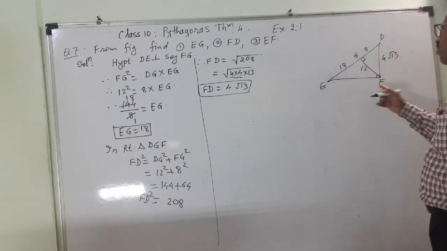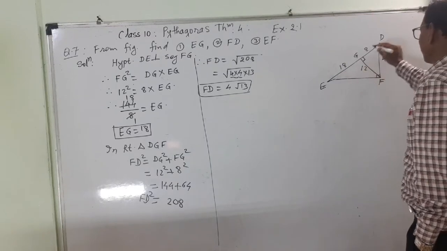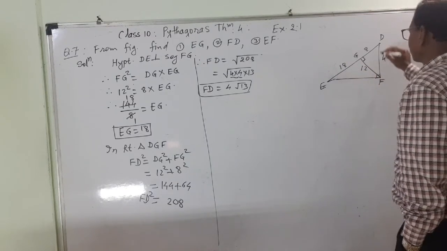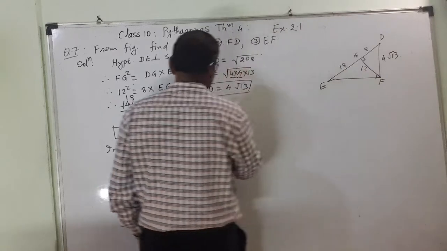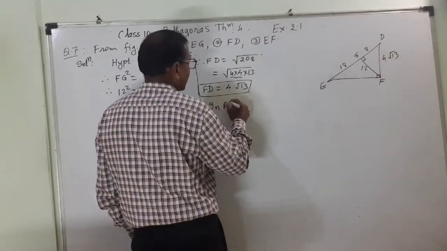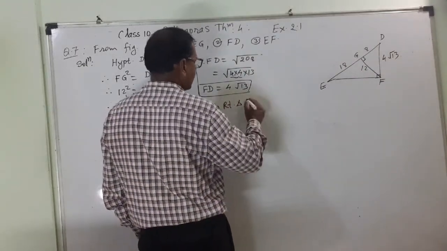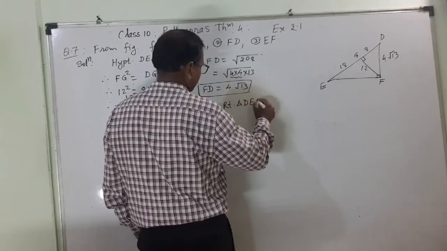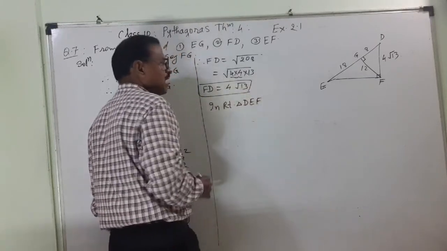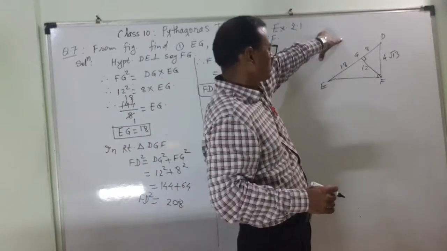Now EF they want. Now consider the bigger triangle. In right angle triangle DEF, which is the hypotenuse? This is the hypotenuse.